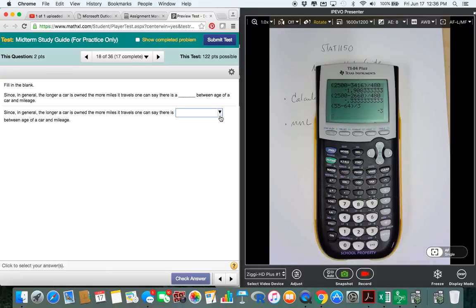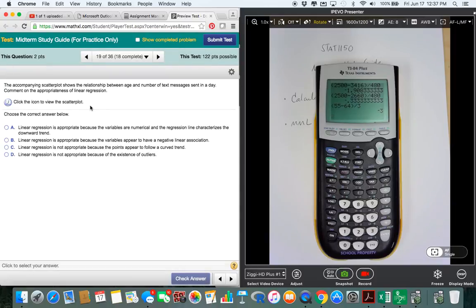When both of them go up, you've got a positive trend, a positive association. An example of something that would have a negative association in the same context would be maybe the weight of a car and miles per gallon, because you would think a heavier car, like a Hummer, would get less miles per gallon as compared to a smaller car.